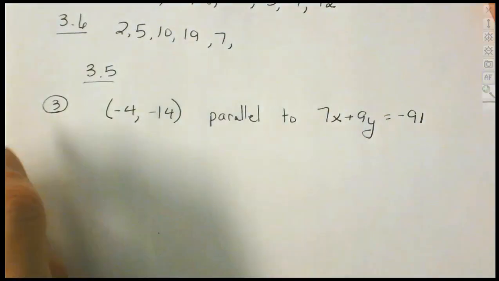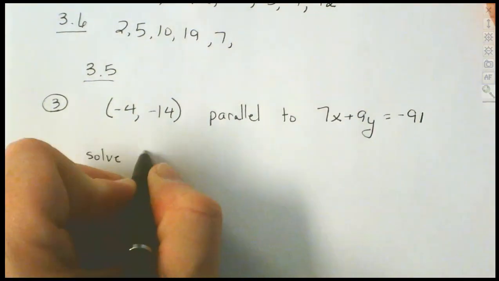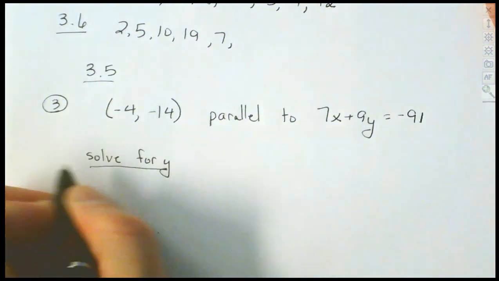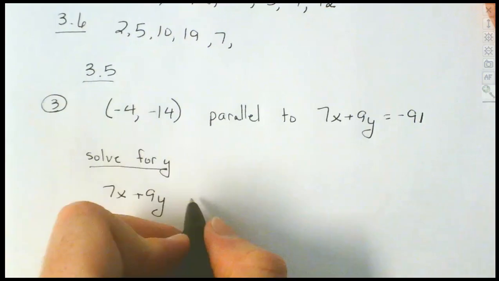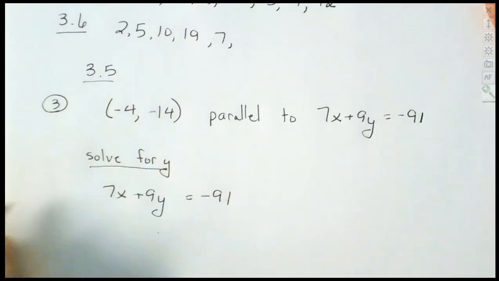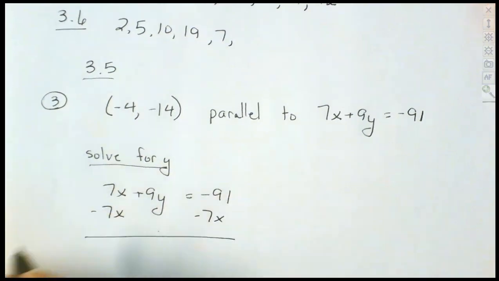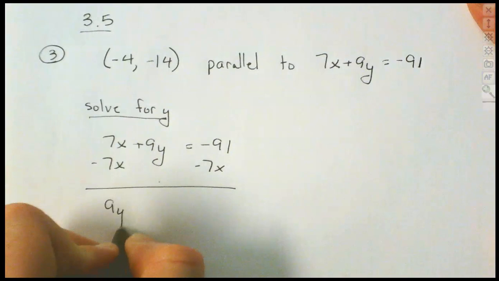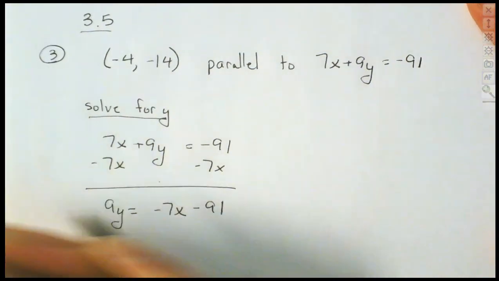We're going to rewrite this, and so we're going to have to solve this for y. So we're going to take our equation and we're going to solve it for y. And that's going to give us then our slope. So move that 7x over. And now we have 9y equals -7x minus 91.